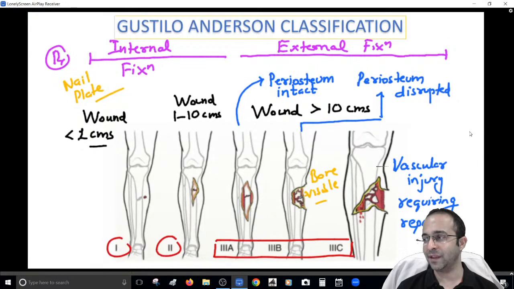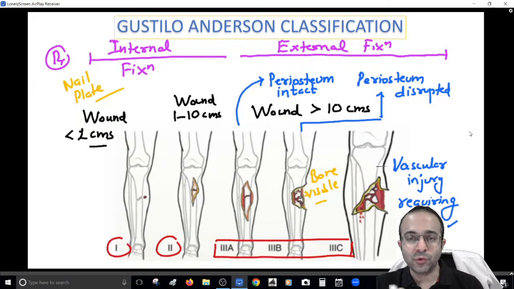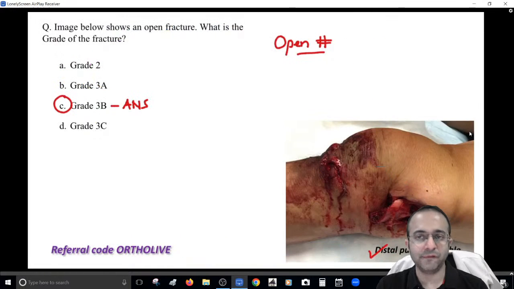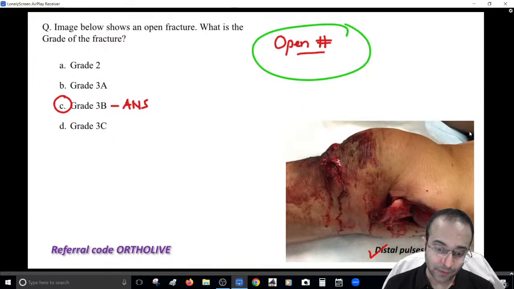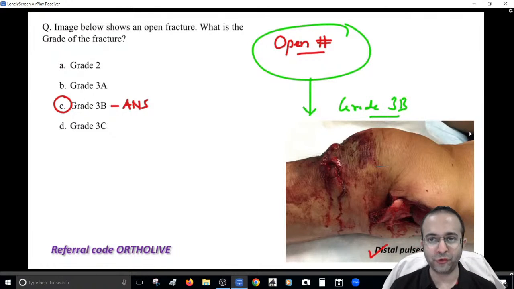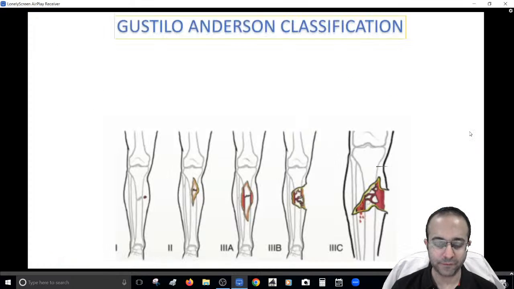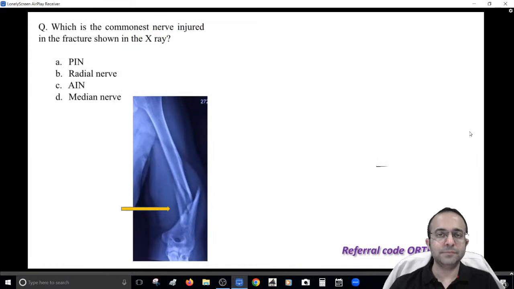I hope you are clear with the message: the classification is guiding you on the treatment part. So that's the Gustilo-Anderson classification, by virtue of which you classify open fractures, and this particular fracture I'll simply put up as grade 3B because of that periosteal stripping. Perfect enough. So you've all warmed up.